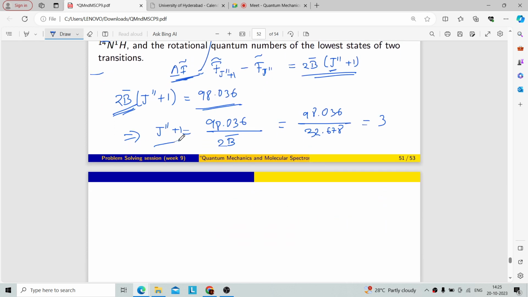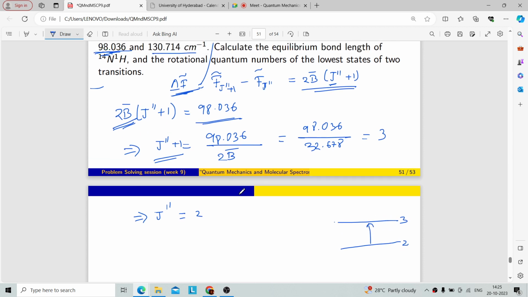So this is the value for J double prime plus 1, and the J double prime value will be 3 minus 1, which is 2. That means there is a transition from 2 to 3, from which this line 98.036 is coming.